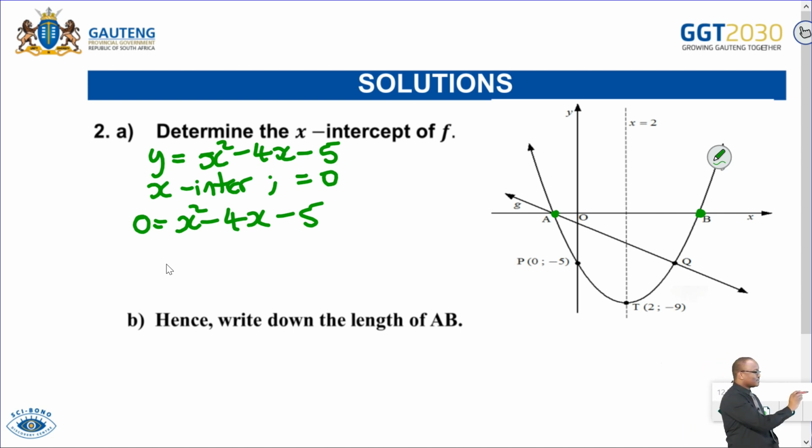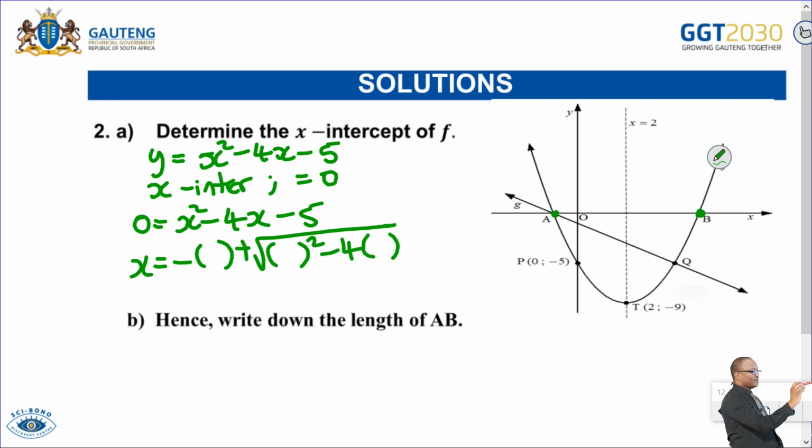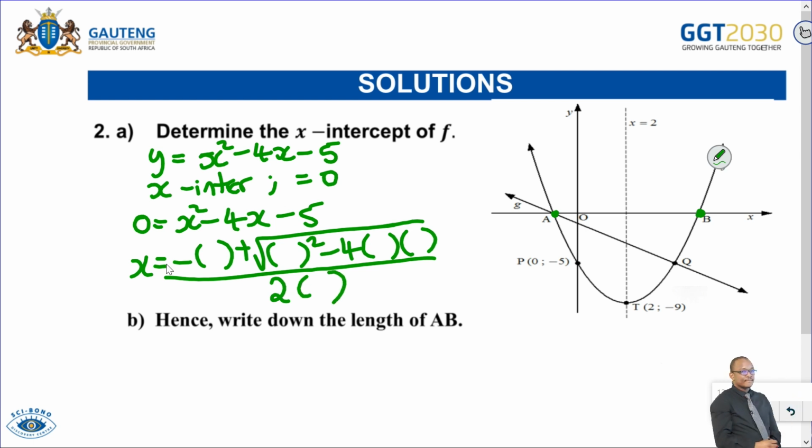So remember, the quadratic formula says x is equal to minus b plus or minus the square root of b squared minus 4ac, all over 2a.